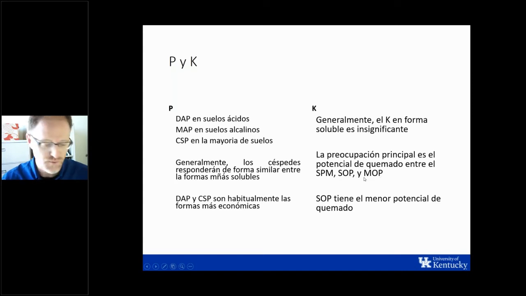These have different burn potentials. And sulfate of potash is the safest raw material that's commonly applied to turf grasses. So if you're concerned about burn, sulfate of potash is the source to use. If you're not concerned about burn, then muriate of potash or potassium chloride is the least expensive source to use, but it has a high burn potential, okay?